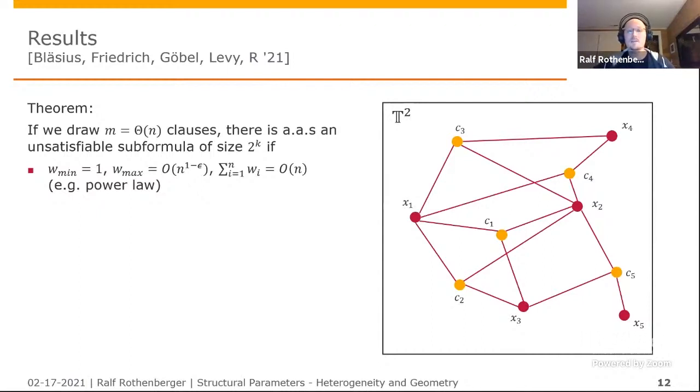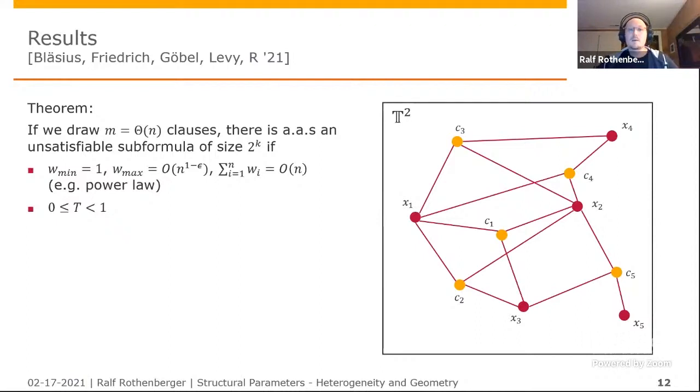This satisfies these conditions. And we can also have a moderate influence of random edges. So the temperature can be anything between 0 and 1. And well, then we know our formulas are very trivially unsatisfiable for constant clause variable ratios.